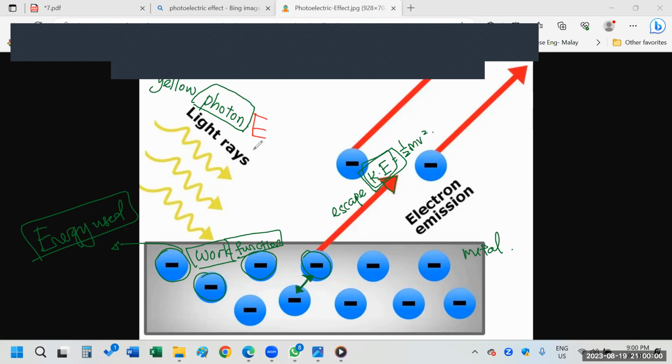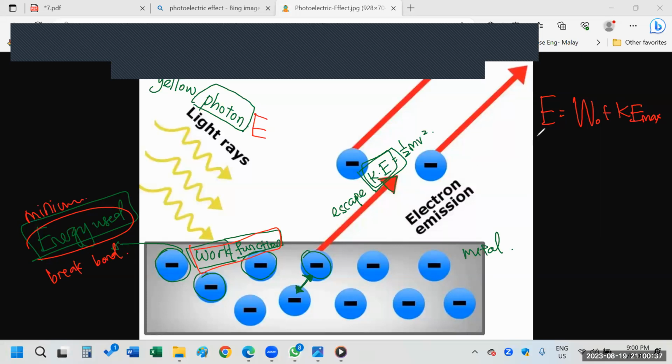Photon energy E equals work function W naught, the minimum energy used to break the bond, which will be absorbed, plus KE max, meaning it will go out with maximum kinetic energy.